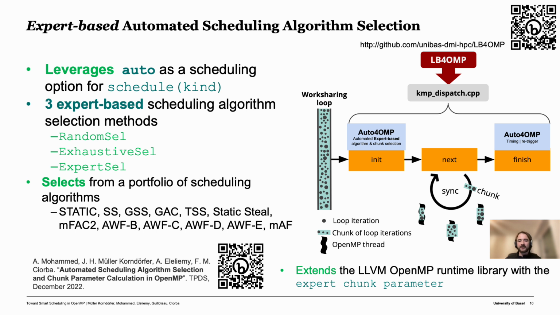So when we implemented Auto, we had to build an infrastructure that in the init function, some parameters are stored and the methods are selected. The next function remains the same because basically it's executing a given scheduling technique. And finally, whenever the finish function is called, the data is stored about how was the performance or the load balance or something like this related to the loop being executed.